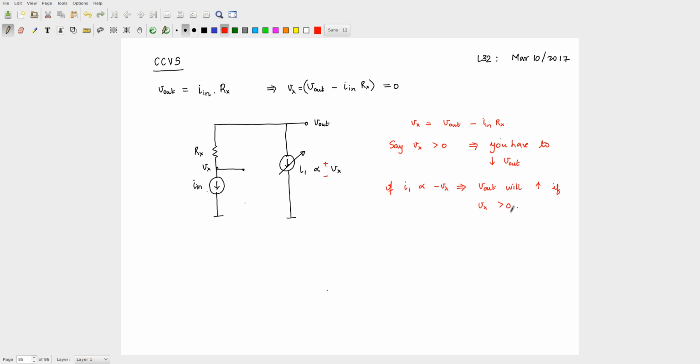It does not solve our problem. So all of this means I1 must be proportional to plus Vx. You can go around the loop and find out what you require. So this should be plus Vx.